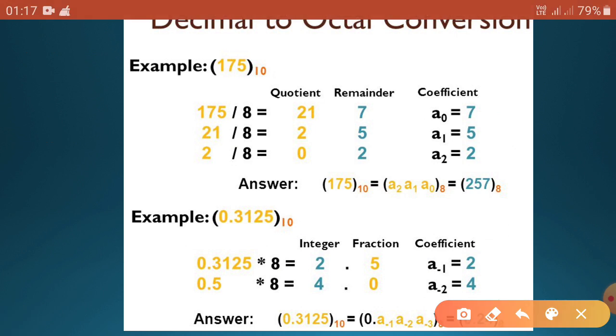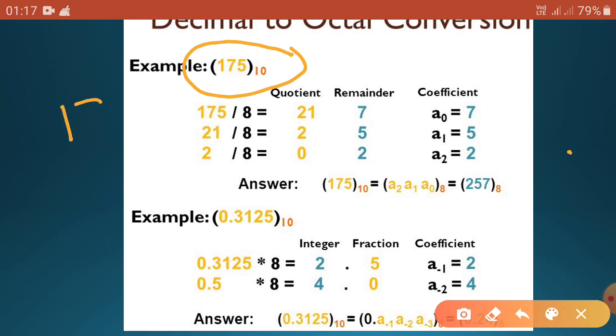Now it is decimal to octal conversion. If the base is 10, that means it is in the decimal number system. When the number is an integer, we have to divide the number by 8 repeatedly.